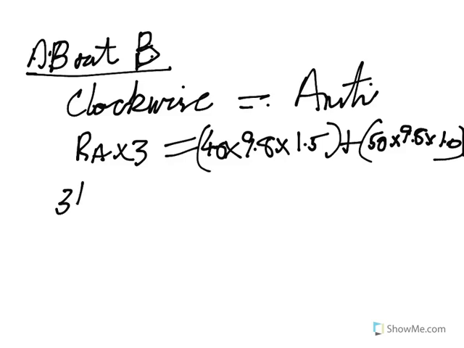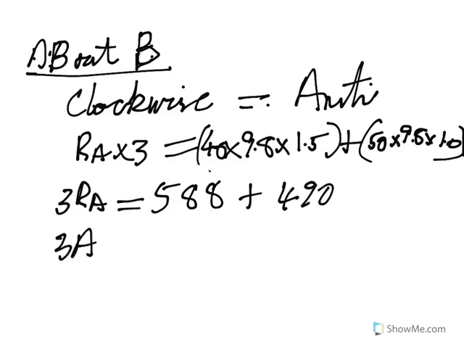Alright, so 3 times the reaction at A is equal to, 40 times 9.8 times 1.5 is 588, and 50 times 9.8 times 1 is 490.